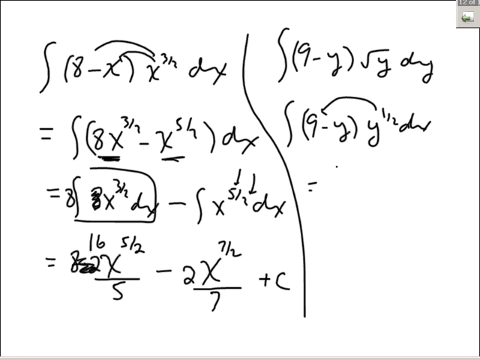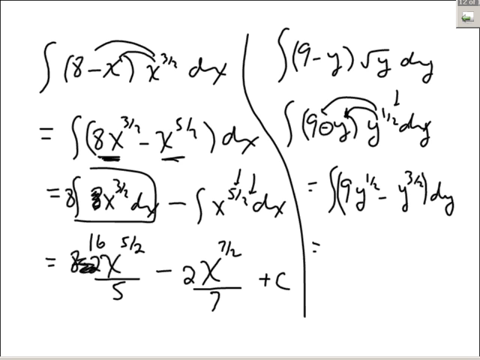Sorry that I blew that. You distribute. You get 9y to the half minus y to the half plus the understood 1 becomes 3/2 dy. Now integrating these should be routine.